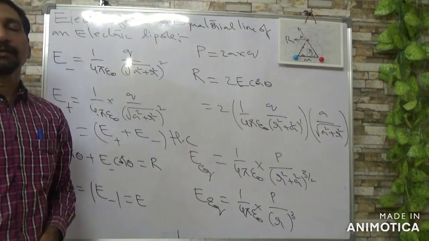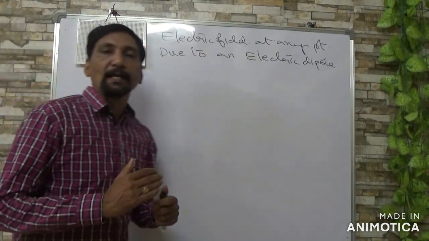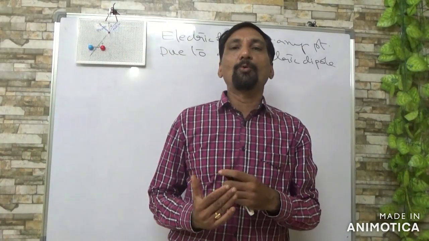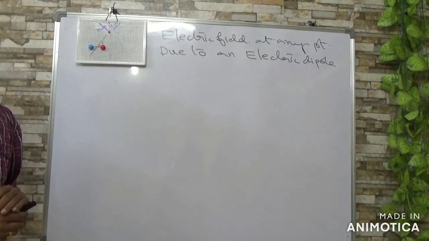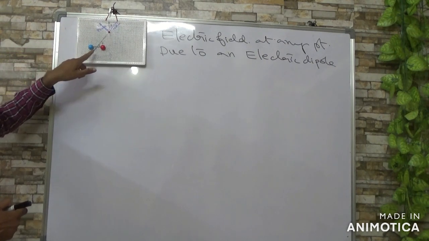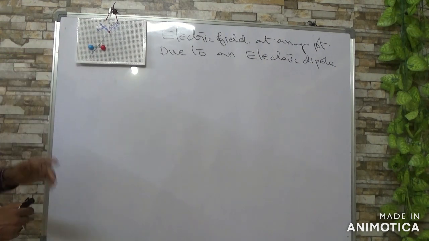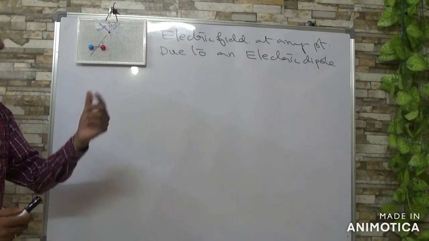Now we are going to calculate the electric field at any point due to an electric dipole. So let us consider a dipole, negative and positive, separated by a certain distance, say 2a.